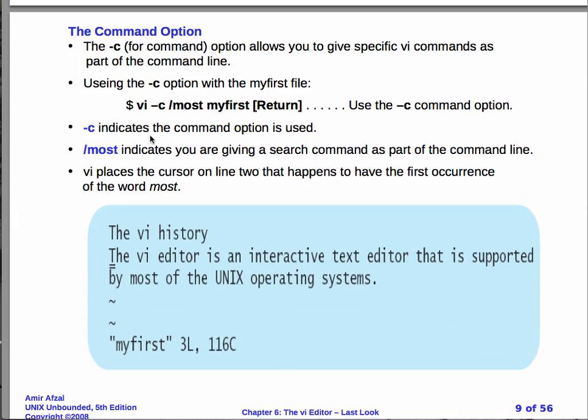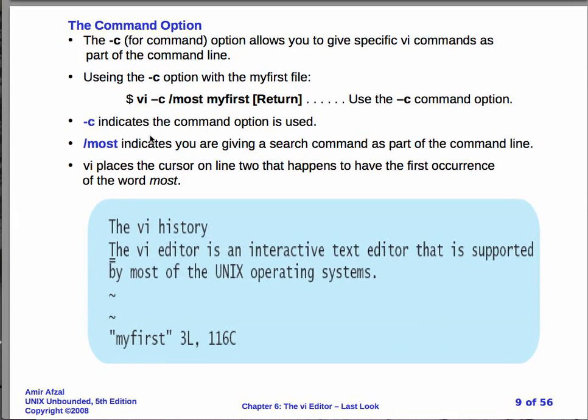Use that to look at files and move around in them. You can also execute VI commands on the command line. The way you do that is you say vi -c. This is going to start up VI and execute this command, /most. Remember, the / is the forward search. So this will execute the search for the word most in the file myFirst.